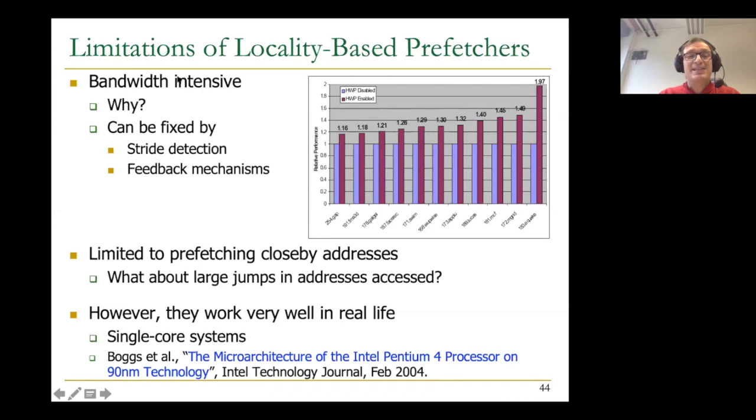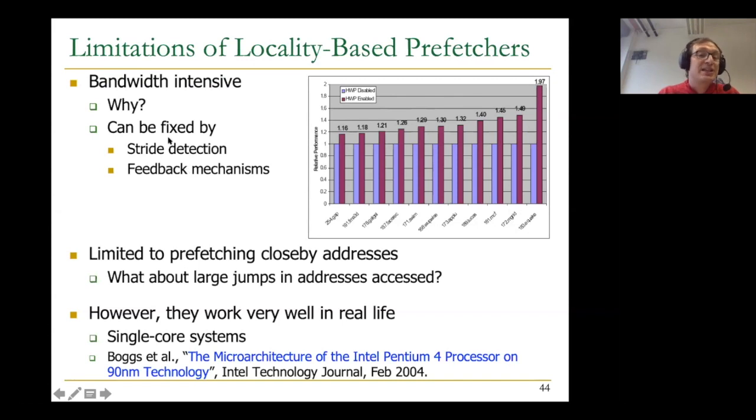This is bandwidth intensive, as I mentioned, and I think I mentioned why, because they look at a tracking window, and if requests keep coming into the tracking window, they prefetch further into the window, and they move the window. So even one request may lead to 3 or 4 prefetch requests. Even one demand request that fits in the window may generate 3 or 4 prefetch requests. And as a result, they could be bandwidth intensive, and this could be fixed by stride detection and feedback mechanisms, which we will talk about.